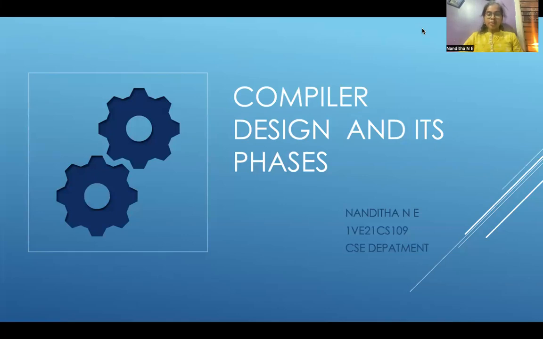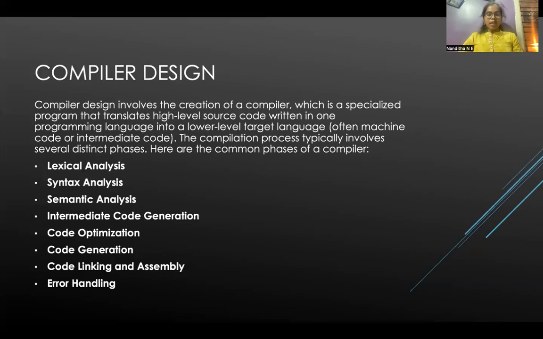Today we will discuss compiler design and its phases. First, compiler design. Compiler design involves the creation of a compiler, which is a specialized program that translates high-level source code within a programming language into a lower-level target language, often machine code or intermediate code.